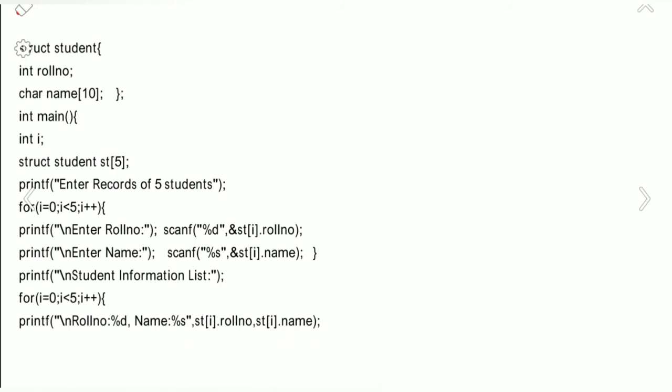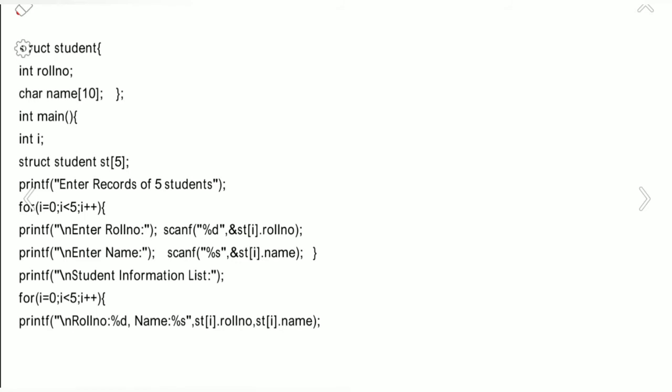Here st of i, where i is a subscript variable. It will access the first location in the array, so array of 0, right? It will print the value in the array of 0, that is roll number and name. Next it will take the subscript variable 1.